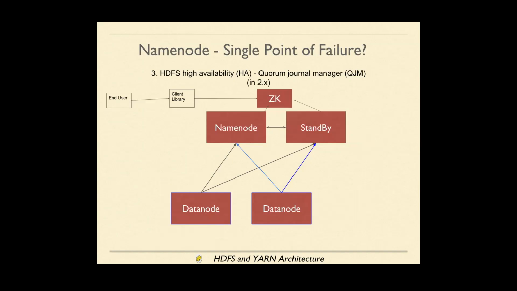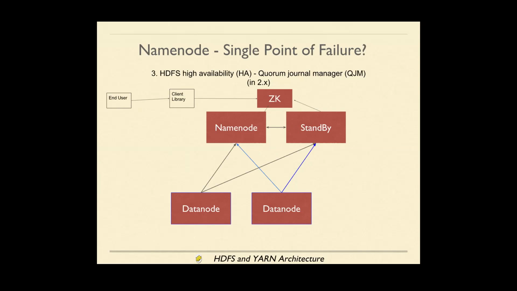Since keeping the backup of edit log as well as maintaining a secondary name node, both of these approaches were manual, and therefore Hadoop 2.0 came up with a very good idea called high availability.